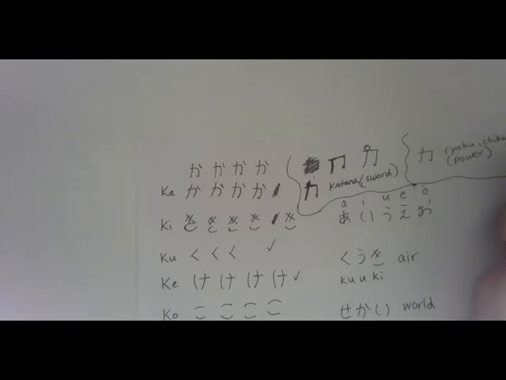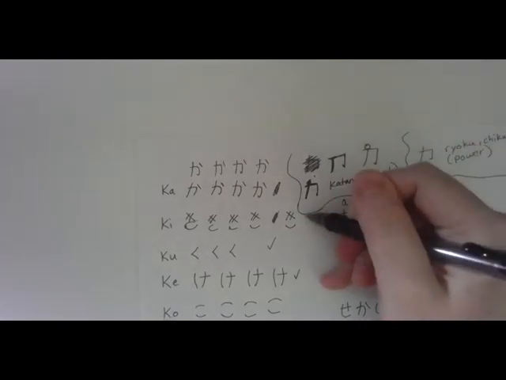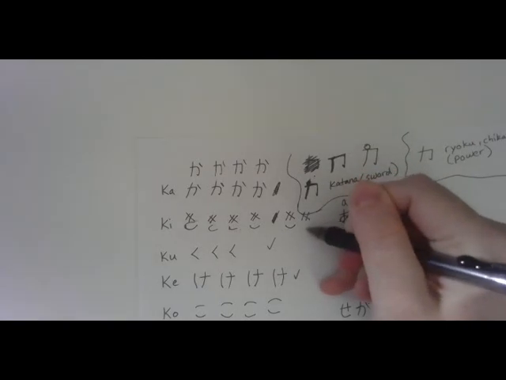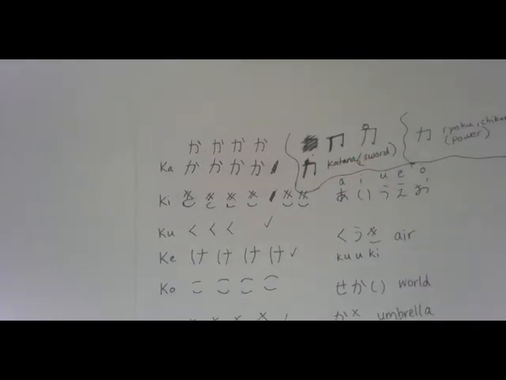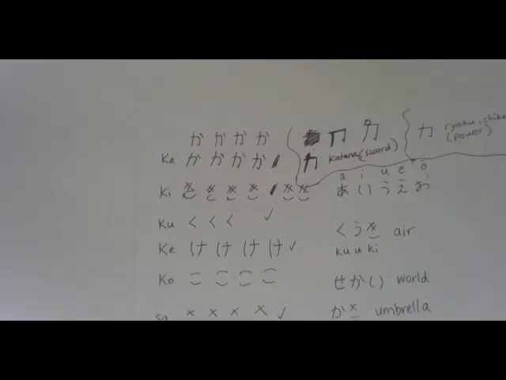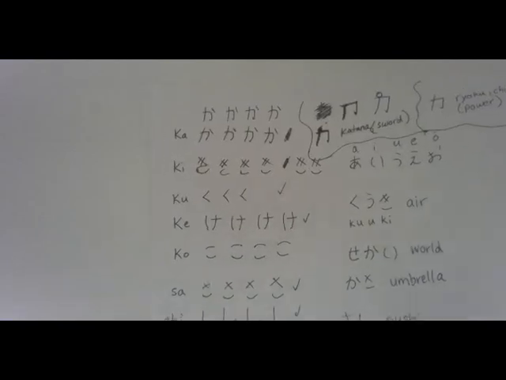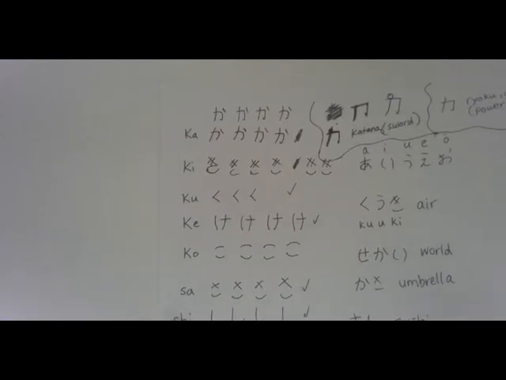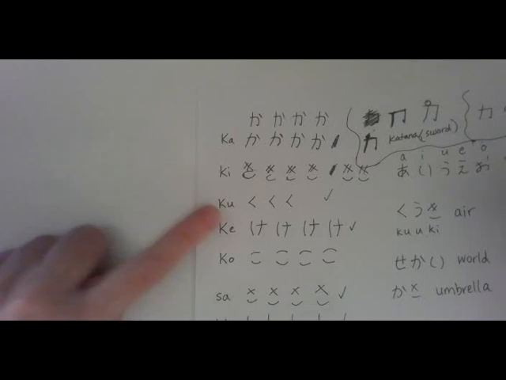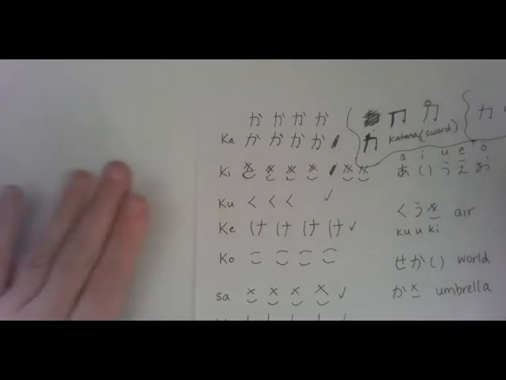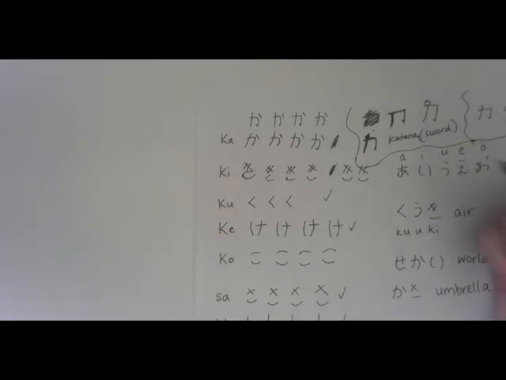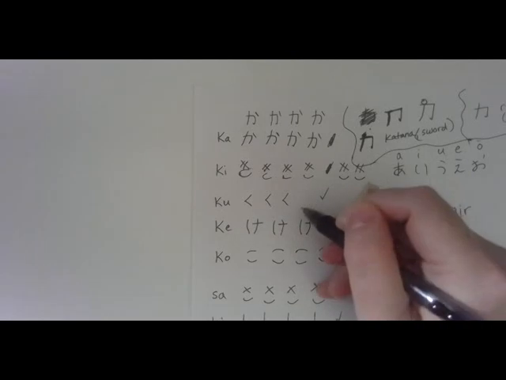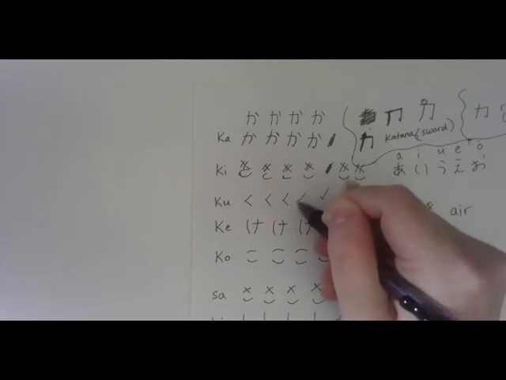Alright. Let me do it one more time. I probably should be using a pencil, shouldn't I? For my next video, a pencil. Okay. And the one after that is ku. This one's pretty easy. It's just one stroke. So it's like this.